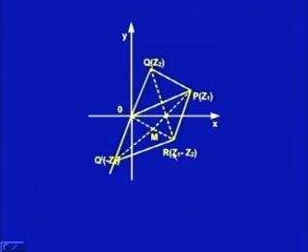If we complete the parallelogram O, P, R, Q dash, then this point R represents the number z1 minus z2, the difference of the two, where z1 is represented by the point P and z2 is represented by the point Q on the Argand diagram, and the number z1 minus z2 will be represented by the point R when we complete the parallelogram.